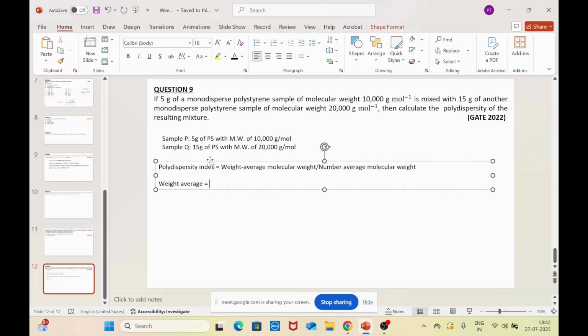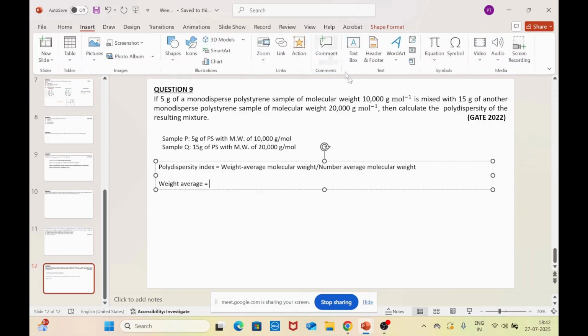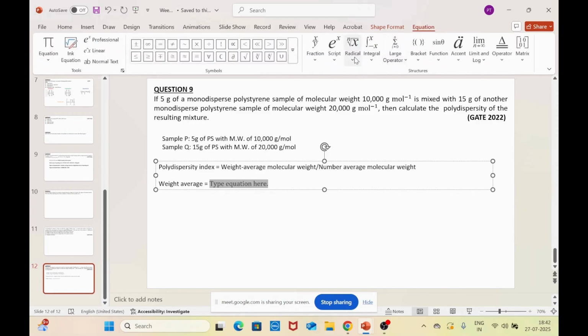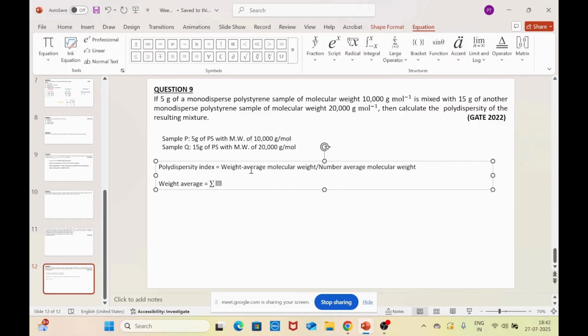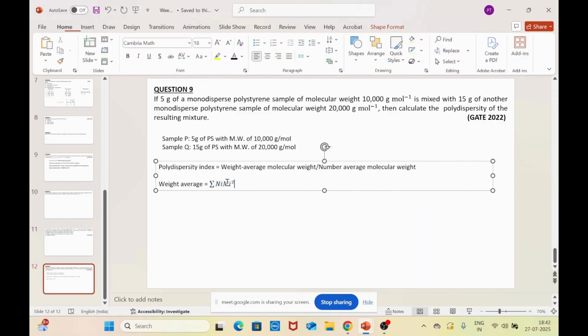Weight average you can calculate as summation Ni Mi square divided by Ni Mi.